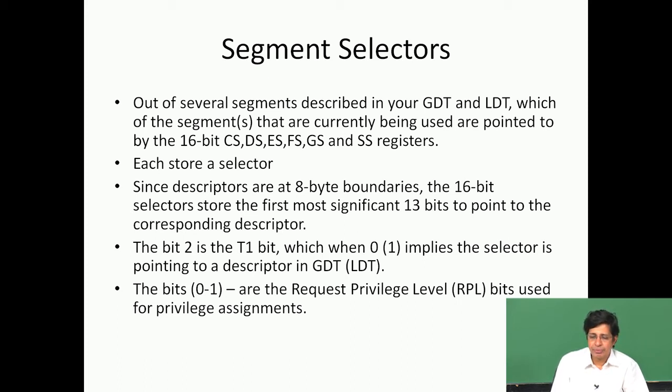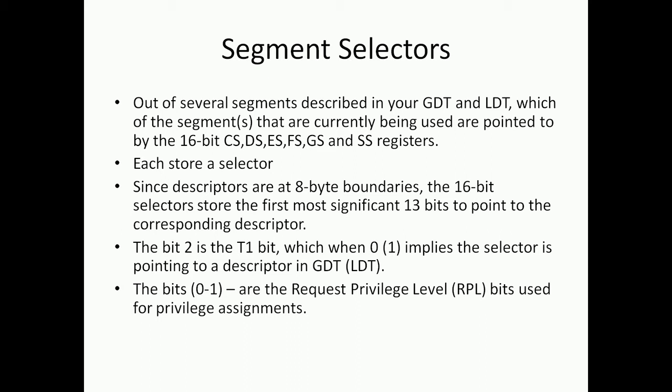Now since descriptors are at 8 byte boundaries, the 16-bit selector stores the most significant 13 bits to point to the corresponding descriptor. Since it is an 8 byte boundary, the last 3 bits are anyway 0. Of the 3 bits, bit 2 is the TI bit, which when 0 implies the selector is pointing to a descriptor in the GDT.